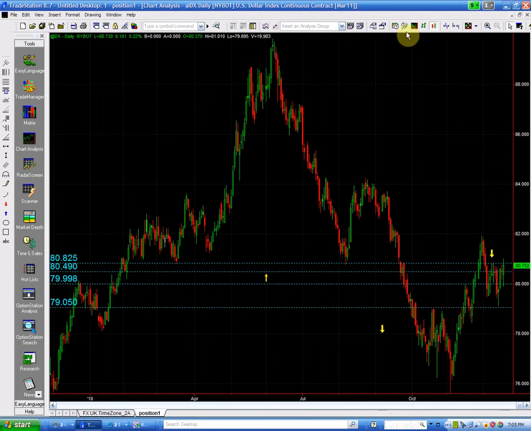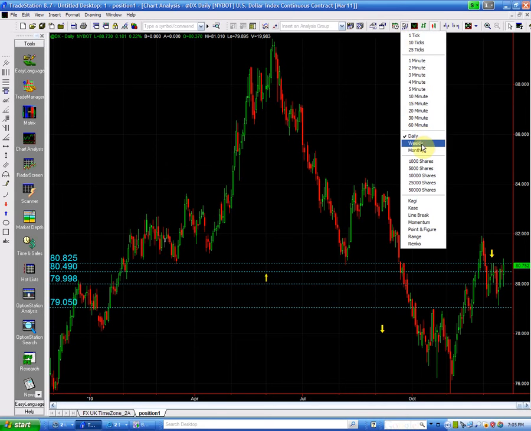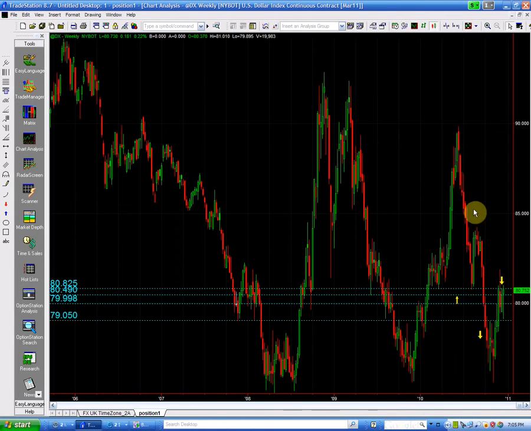So if I'm going to look at the weekly chart for the dollar, you can see that we have a structural point, not just a significant point, a major trend changing point at the 80.82 based on the index.